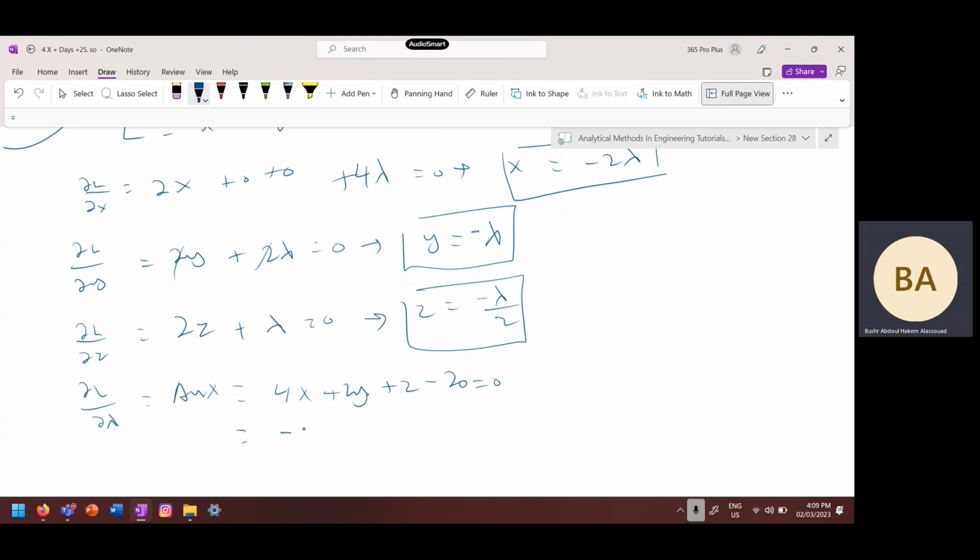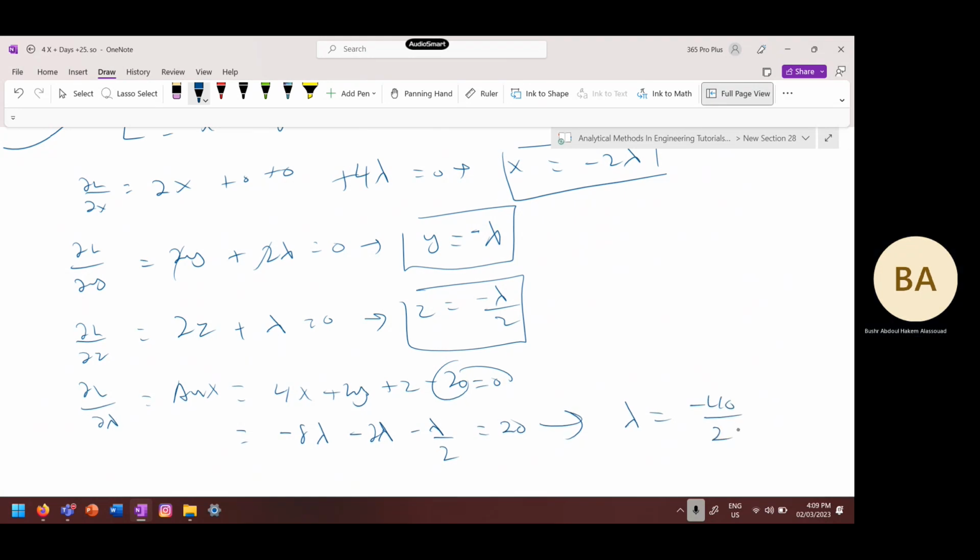So we'll have negative 8 lambda, negative 2 lambda, and negative lambda over 2 equals 20. Take the 20 to the other side. Solve this, and you will get that lambda is equal to negative 40 over 21.